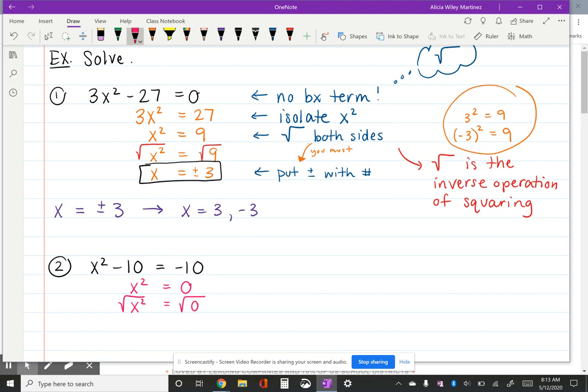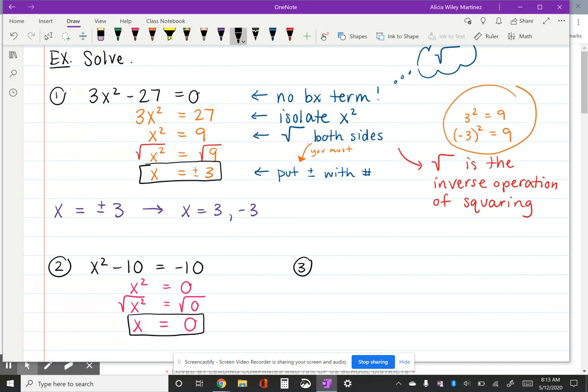I get the square root of x squared is x, and the square root of 0 is technically plus or minus 0, but is there a positive and -0? No, there is only 0, and therefore you get x equals 0 as your only solution. Remember, you can get 2 solutions, 1 solution, or no real solution.